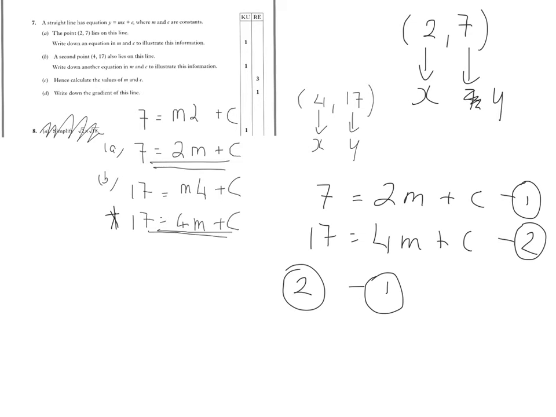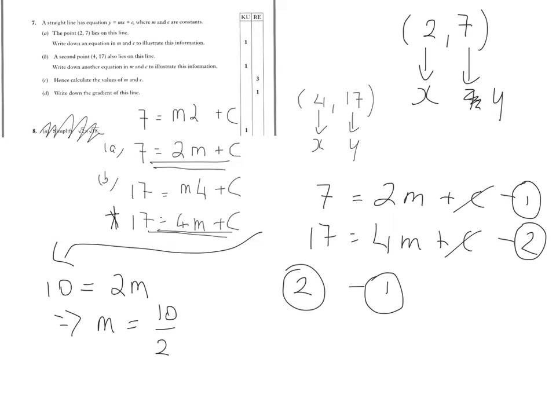So equation 2 take away equation 1, 17 take away 7 is 10. 4m take away 2m is 2m, and c take away c goes. 10 is equal to 2m, which means that m is equal to 10 over 2 and m is equal to 5.